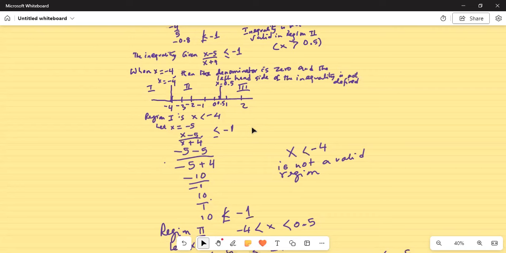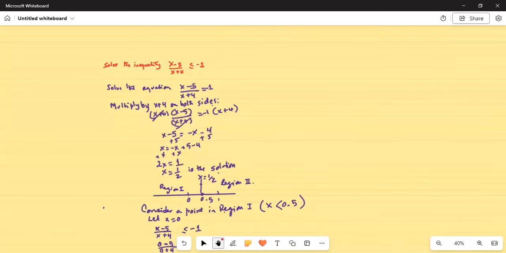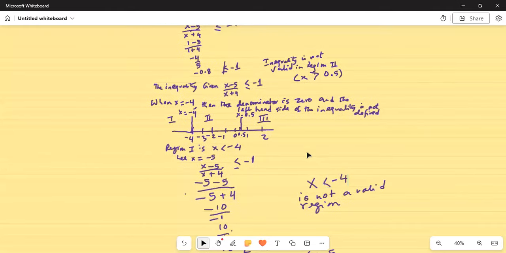That means the function on the left-hand side is undefined when x equal to minus 4, because we are dividing by 0 in the denominator. So we divide it into 3 parts. Also, previously the solution for the equation is x equal to half. So that's why we have 3 regions. One is less than minus 4, which is the boundary point, then between minus 4 and 0.5, and then anything greater than 0.5.